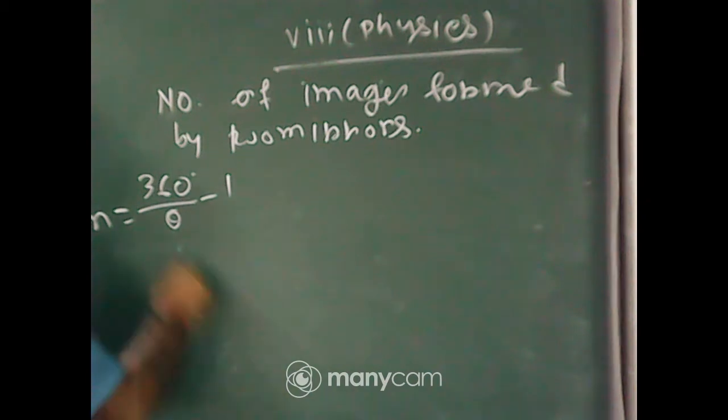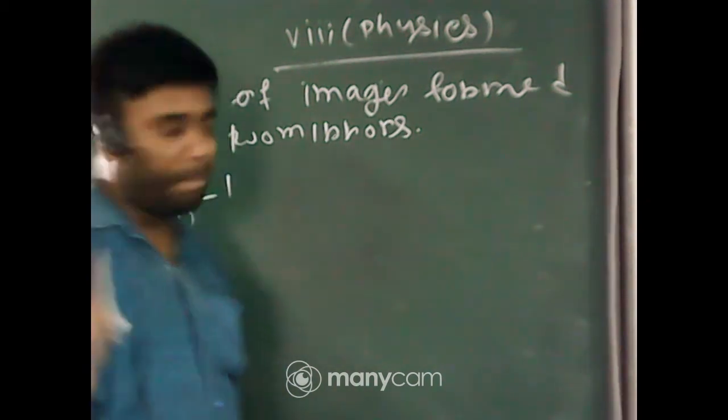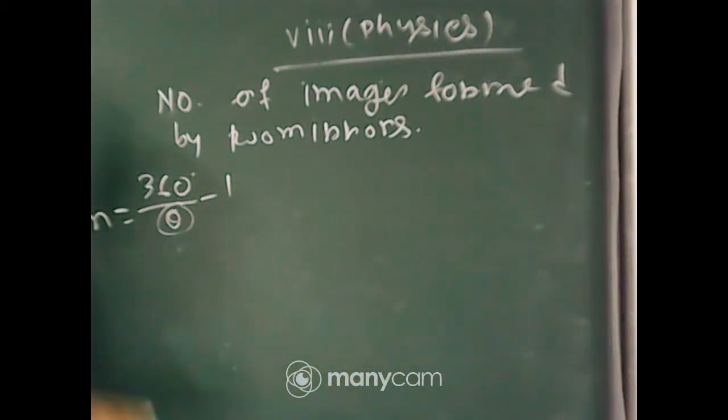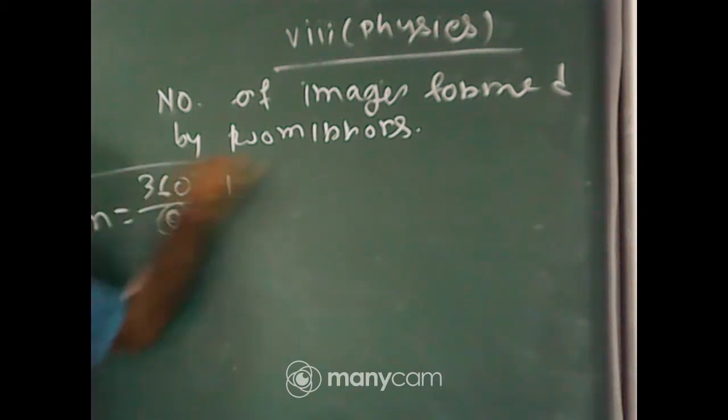Now, what is theta? Theta is the angle between 2 mirrors. If theta equal to 90 degree, we'll get 3 images. If theta equal to 180 degree, we'll get 1 image. Listen to it. So, that is the formula.